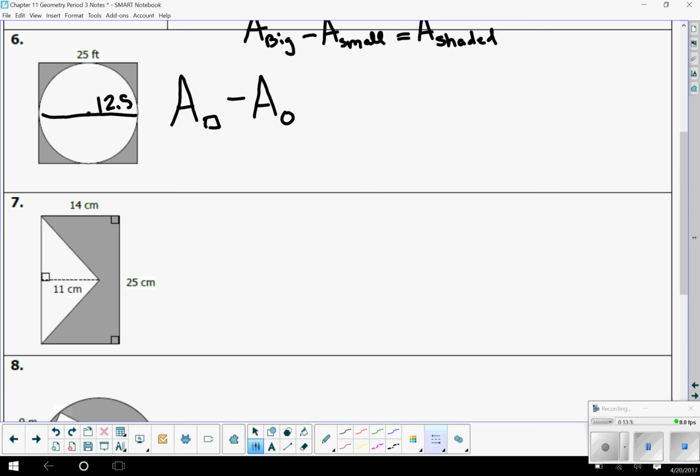This is your diameter. It's the same, right? Yes or no? Okay, good. This one, you're going to take your area of your rectangle and subtract out your area of your triangle, and that'll give you your answer.